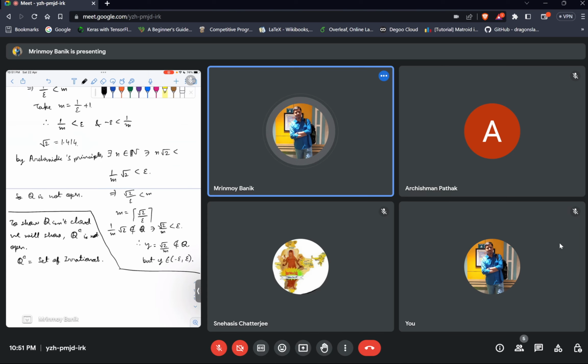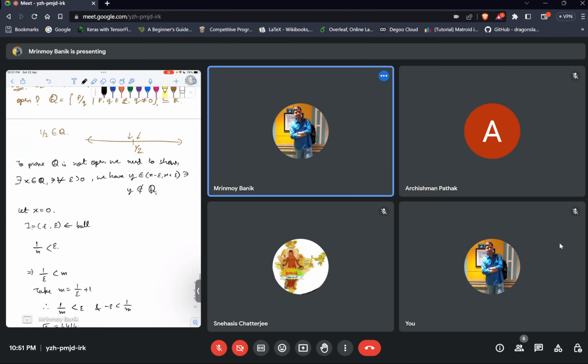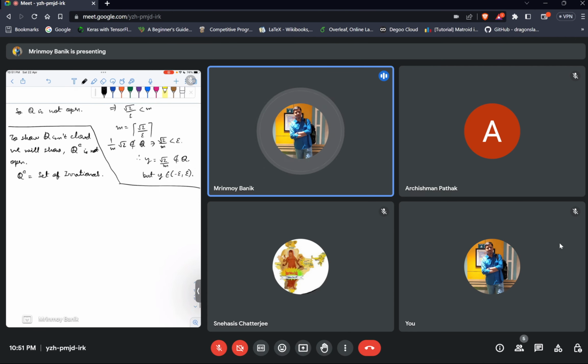We can use a very similar technique using which we showed the rational numbers are not open. Show irrationals are also not open because, other than the transcendental numbers, we can easily work with surds. So we just need to show, for example, for an irrational number z, that any open ball around z will have things in it which are not irrationals.